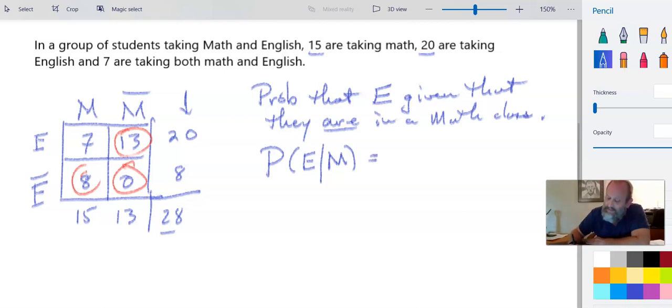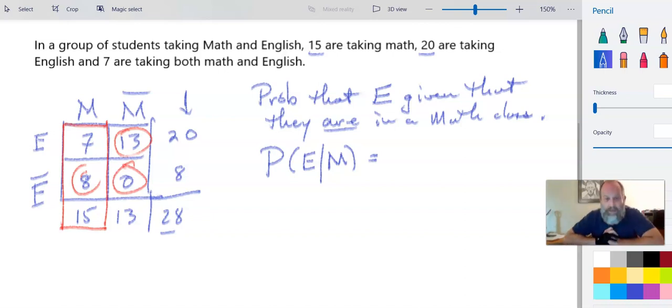Well, what that does is it kind of restricts our sample space, because since we already know the student is taking a math class, we're looking at only the students taking math classes. And over here in our table, that restricts our entire discussion to this column, right?